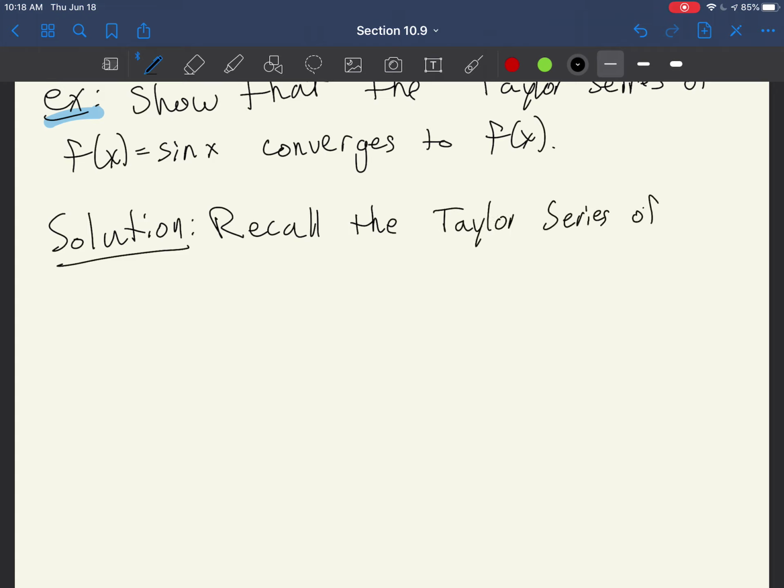So first off, recall the Taylor series of sine x. This was the summation from n equals 0 to infinity of negative 1 to the n, x to the 2n plus 1, divided by 2n plus 1 factorial.